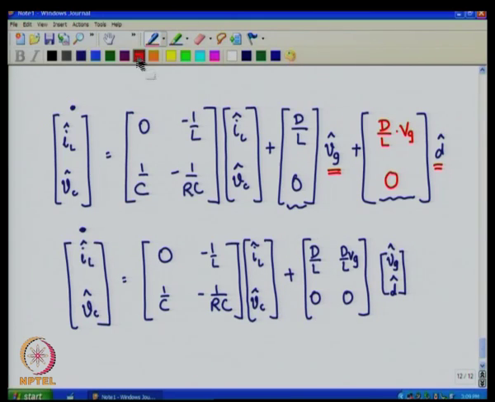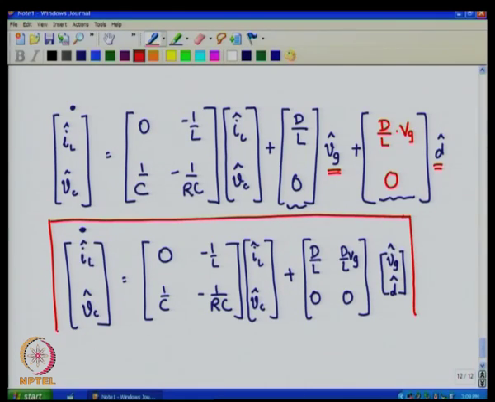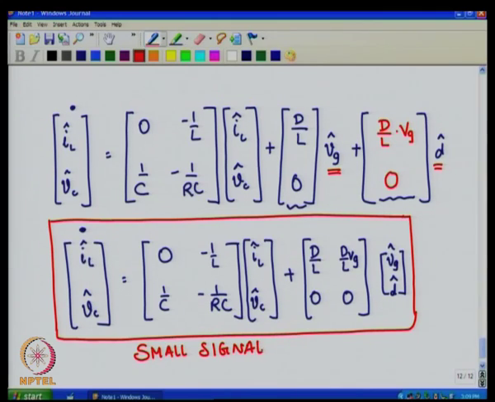So, this becomes the small signal model, which gives deviations about the operating point. All are deviations about the operating point. Every variable here you will see is a deviation about the operating point.